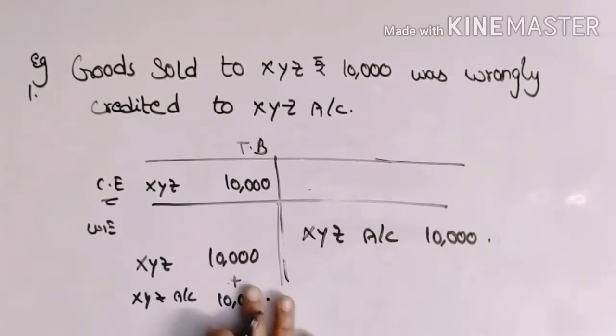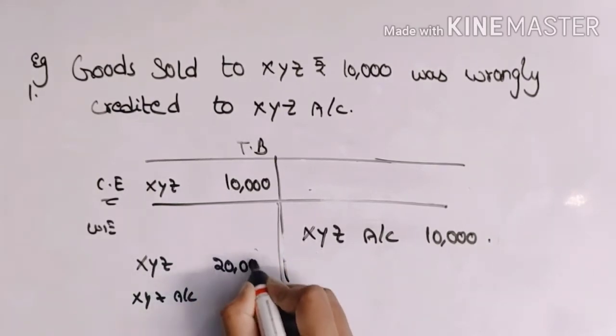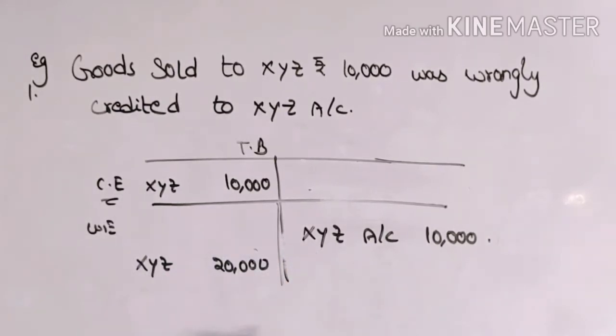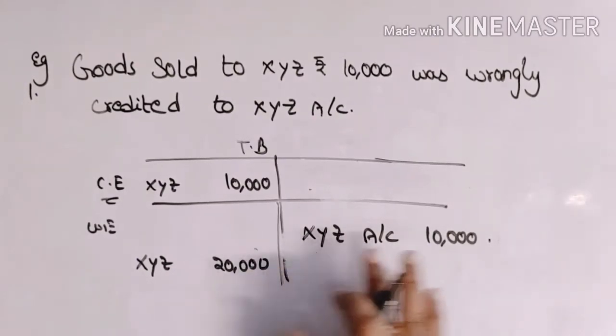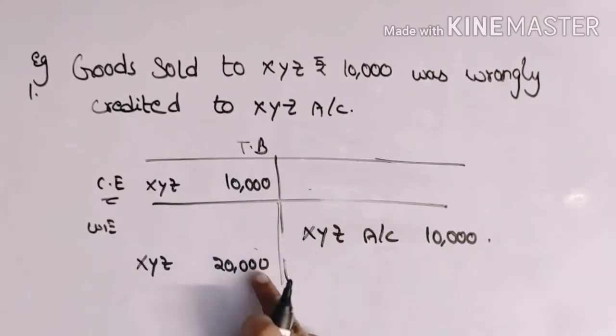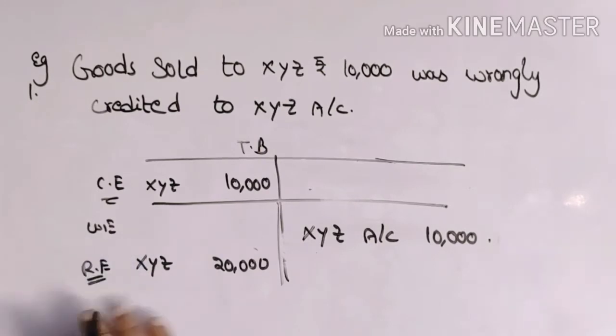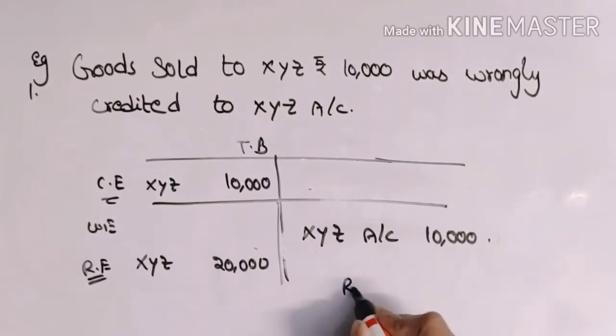So totally XYZ account must be debited twice, that is 20,000. 10,000 is to rectify this error, and another 10,000 is to write it on the correct side. So this is the correct method. Now what is the rectification entry?